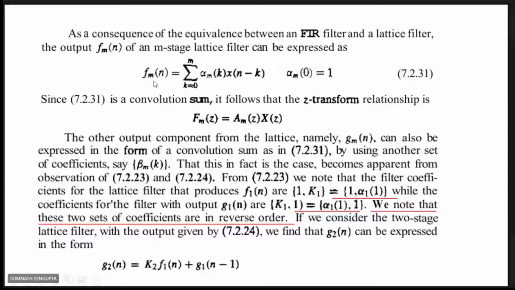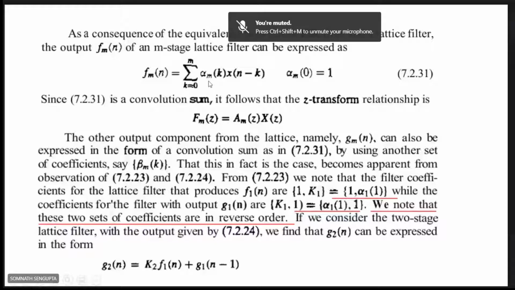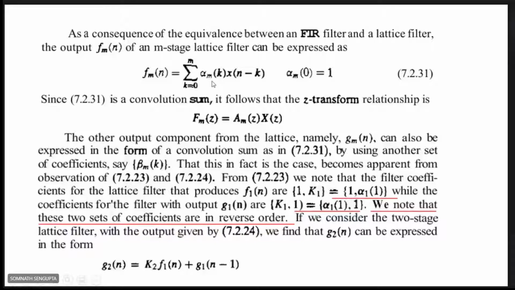We can compare the main output with the output yn, which is the convolution of the impulse response and the input signal. So the lattice output can be compared with the same output, the convolution between impulse response alpha m and the input. So these are the equivalence.